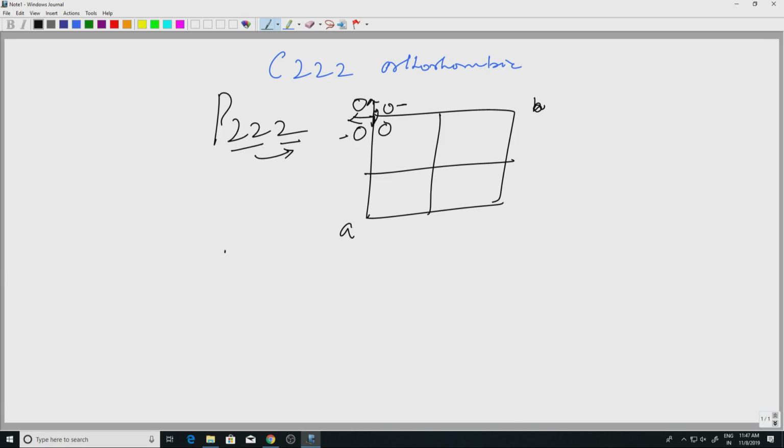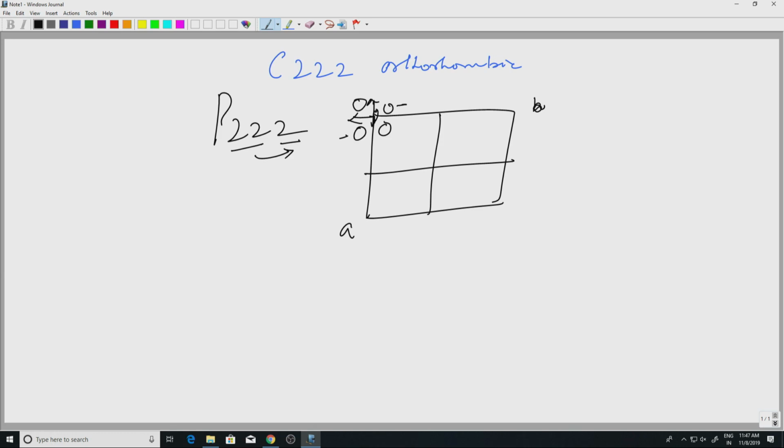When we operate the screw along A, B and A, you get it this way. So the third two-fold is automatically generated along C. As per Euler's theorem, two two-folds will generate the third two-fold.